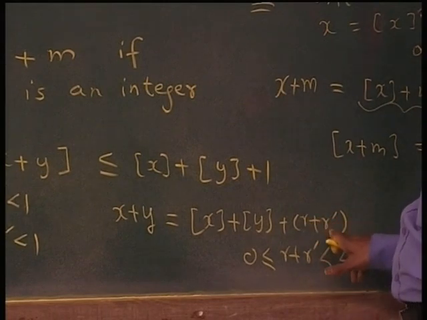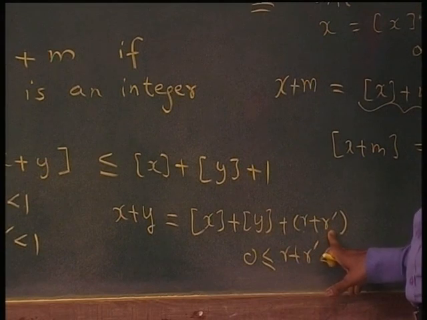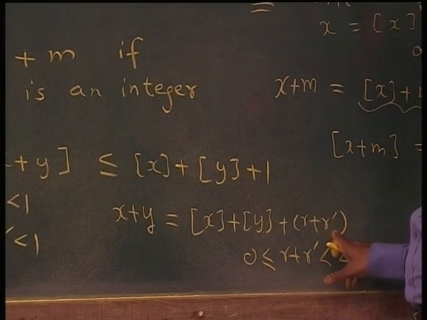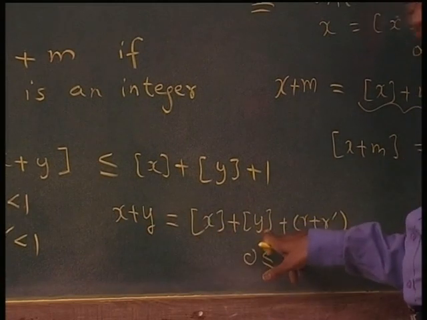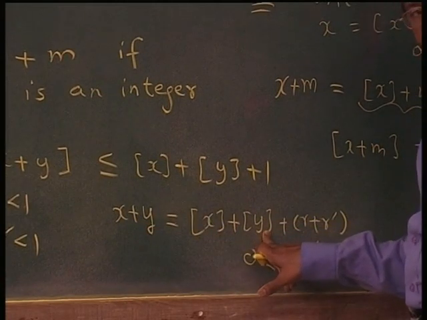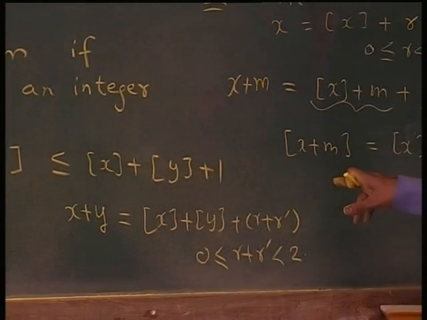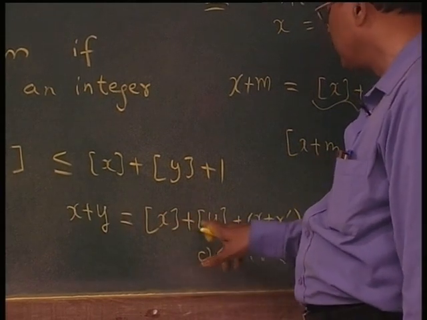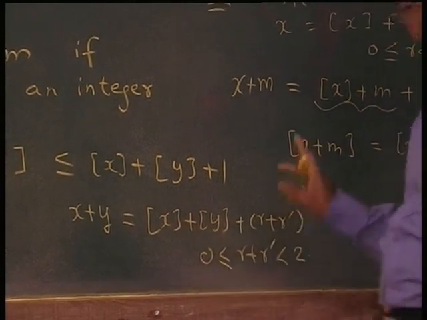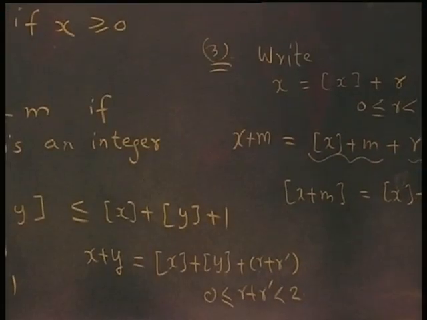The r plus r dash can be less than 1. If r plus r dash is less than 1, then integral part of this is equal to integral part of x plus integral part of y. Whereas if r plus r dash is bigger or equal to 1, then the integral part of x plus y is integral part of x plus integral part of y plus 1.